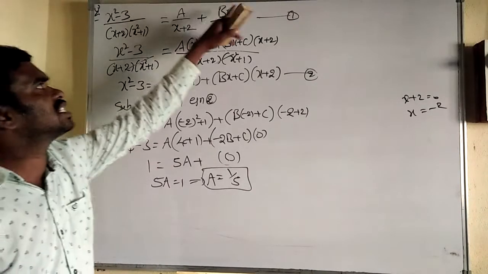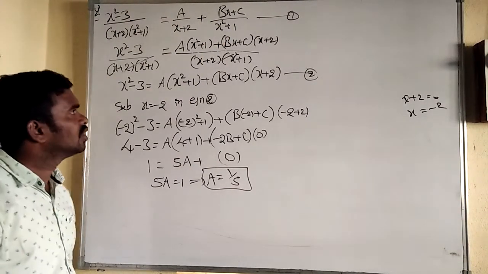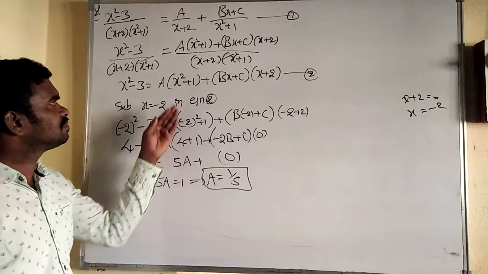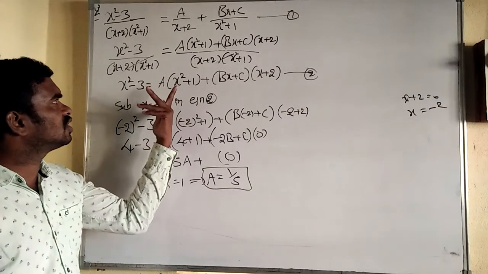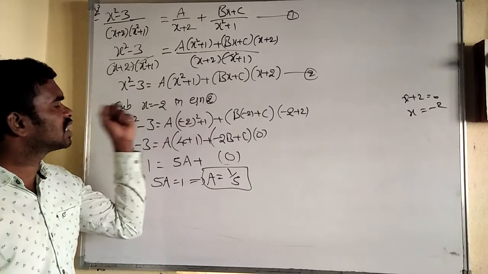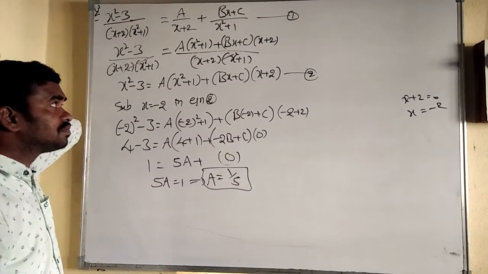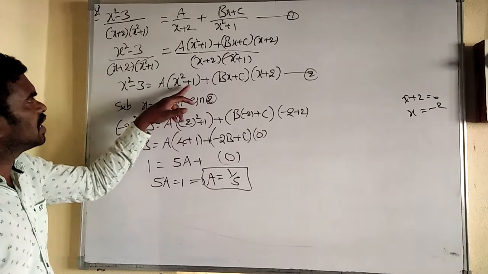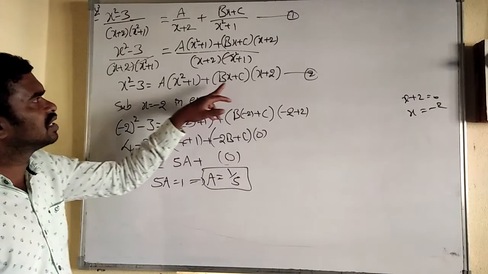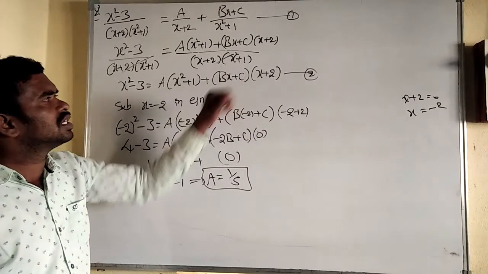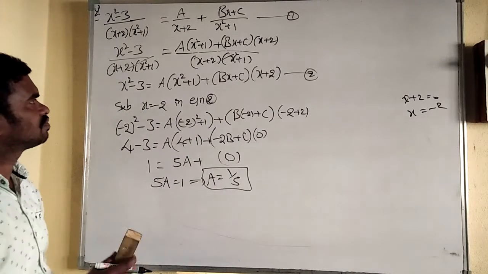Next we should find the b and c values. How? Suppose I take x = 0. If x = 0, then A into 1, and the b term becomes 0. Then the c value we can get.